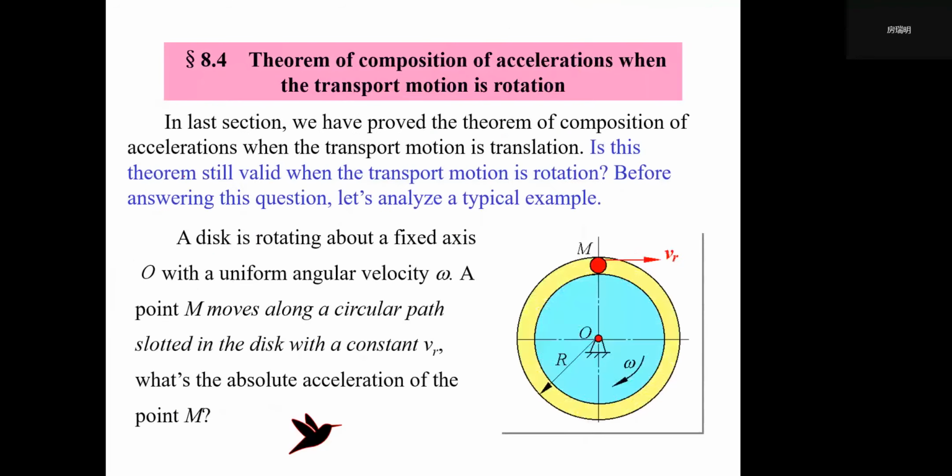Actually, we should talk about the final section of this chapter 8, theorem of composition of accelerations when the transport motion is rotation. But this part is a little bit difficult, so I decided we do not learn this section anymore, but I can give you a quick conclusion.